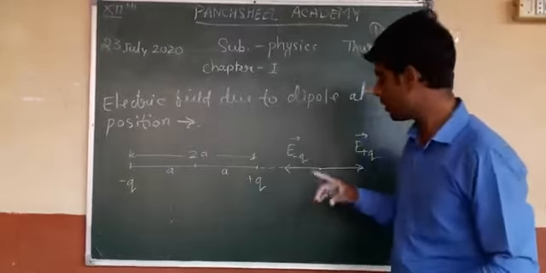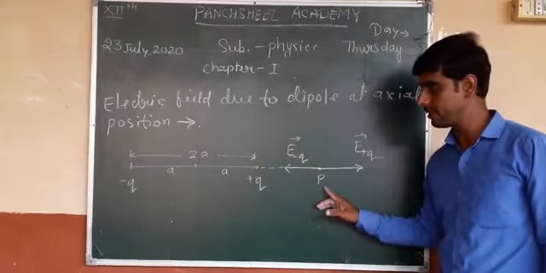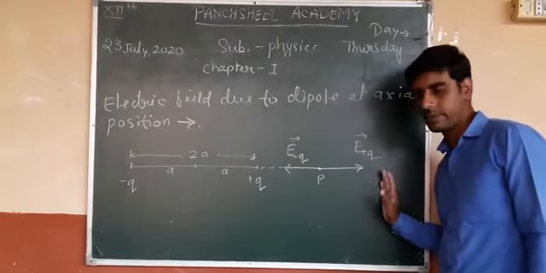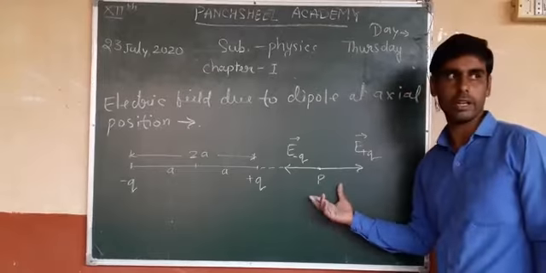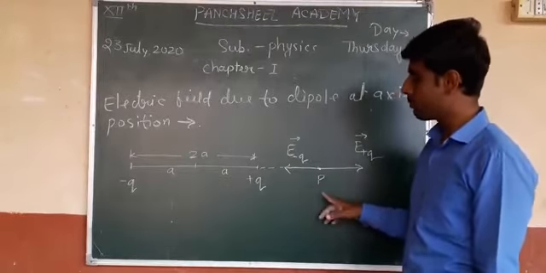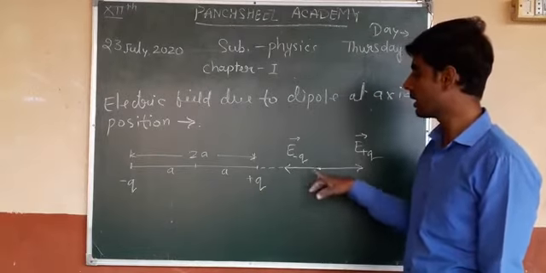Now we take a point P on the axial position. Why is this the axial position? Because it is on the axis of this dipole, so this point is called the axial position. At point P we want to find the electric field due to the dipole.